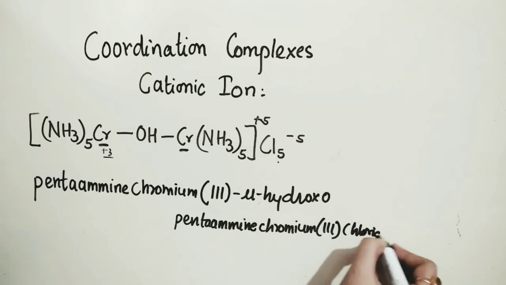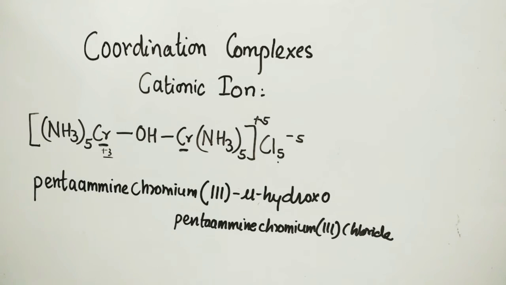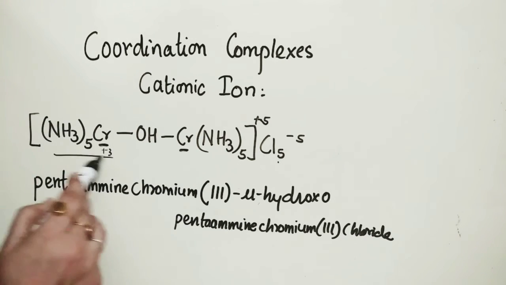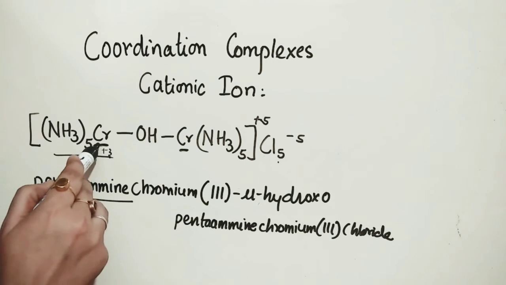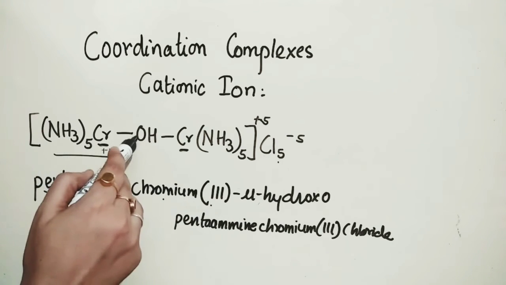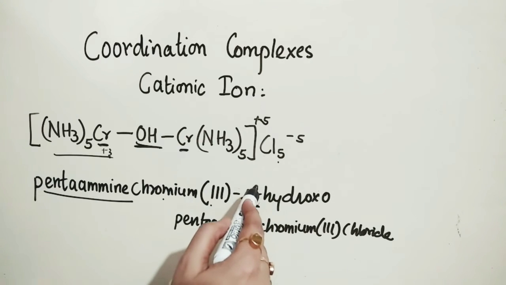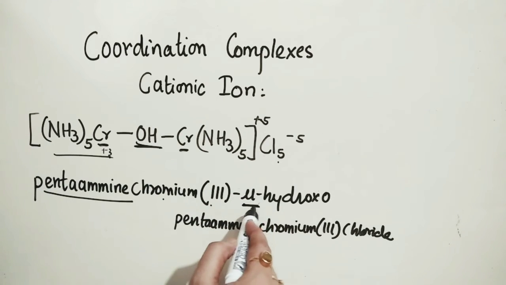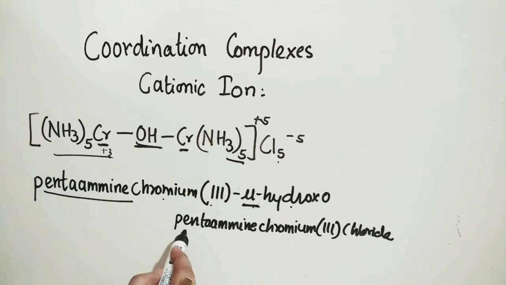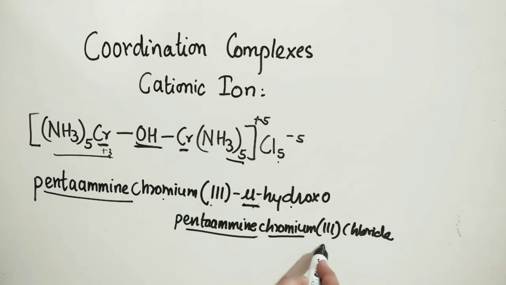So this is the complete name of the complex: pentaamminechromium(III) mu-hydroxo, which we have to write for the bridging ligand, again pentaamminechromium(III) chloride.